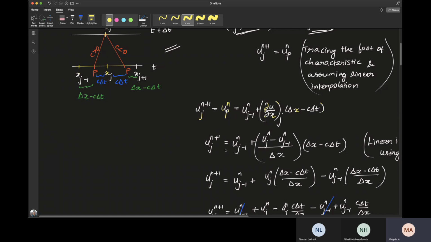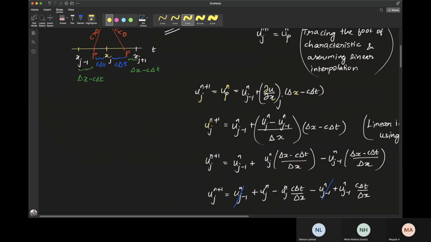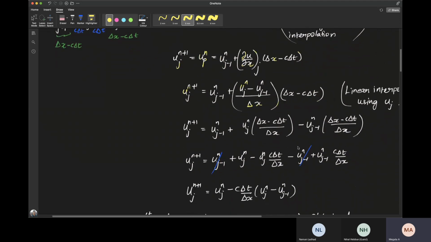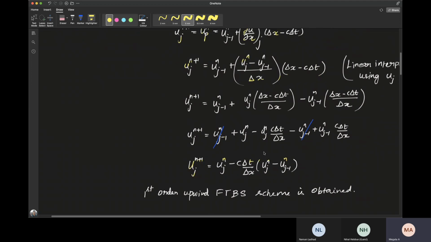So this is the equation that we got, uj at n plus 1 equals uj minus 1 at n, and upon simplification, canceling some quantities, we finally get an equation like this.